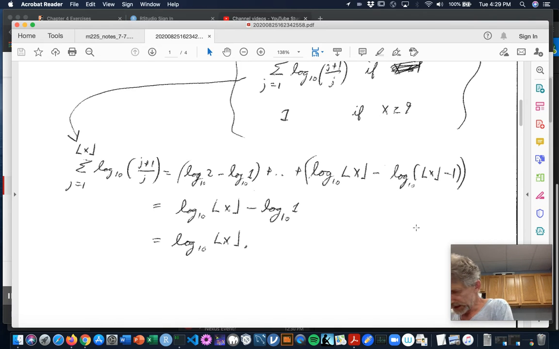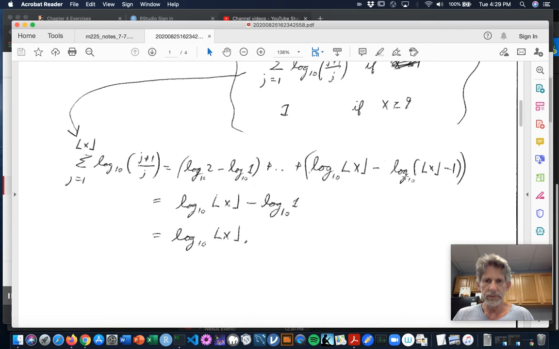So I will fix that right here now in my PDF, and then minus just the floor of x, not the floor of x minus 1, okay? So you should be taking log of floor of x plus 1, and here you should be taking just log of floor of x, so I'm subtracting that off.